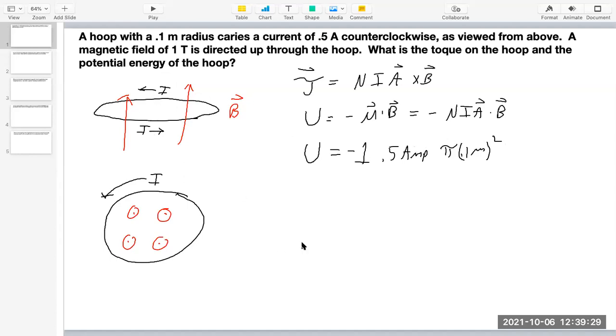If I just went with the conventional coordinate system of y is up, then by the right hand rule, my magnetic moment is up.